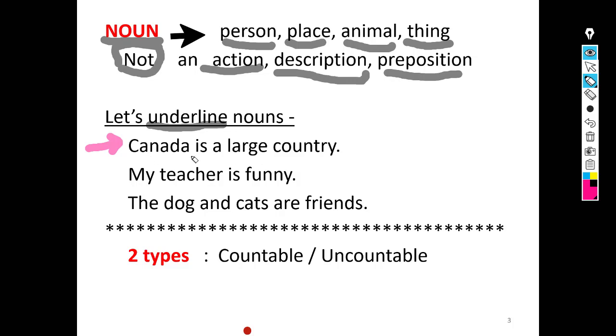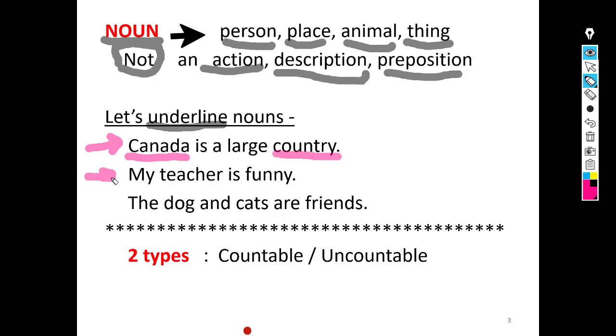Well, Canada is a place. So we know Canada is a noun. Is a verb, so it cannot be a noun. Large, it describes something. It describes country, so it's an adjective description, so it cannot be a noun. And country is a place. This is also a noun.